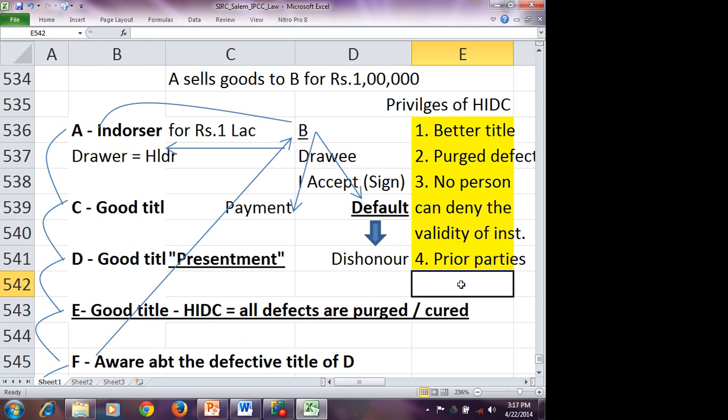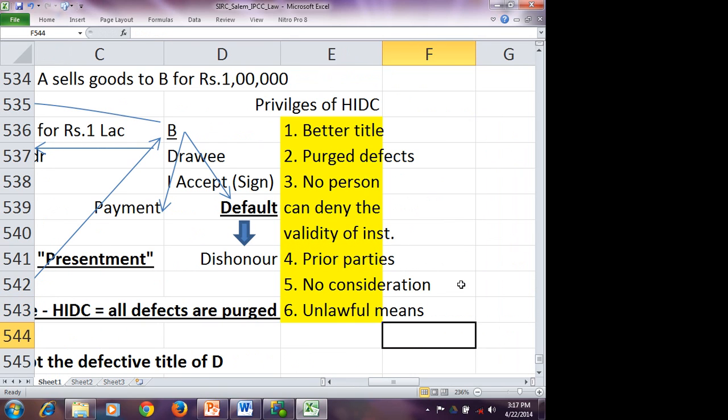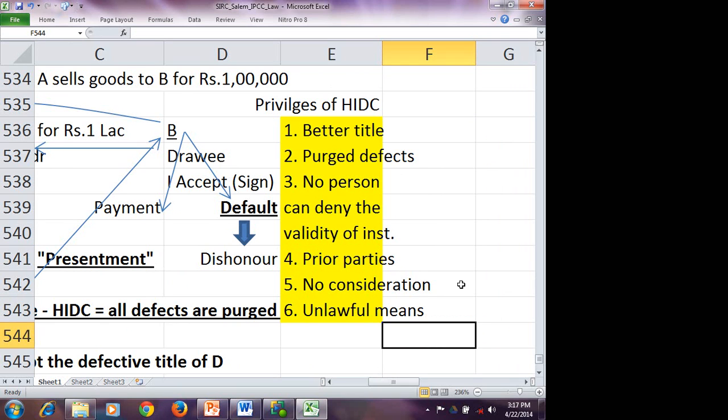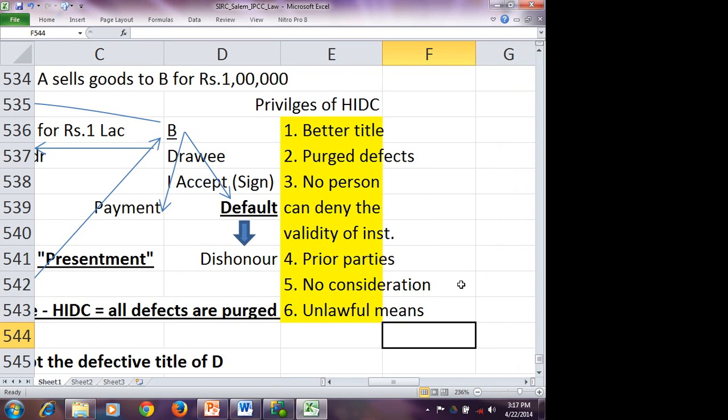So even if there is no consideration originally when the bill is drawn, the holder in due course should receive the bill only for a consideration. Or, it is drawn for unlawful means, that is coercion, undue influence, etc. Still the holder in due course has a valid right to recover.